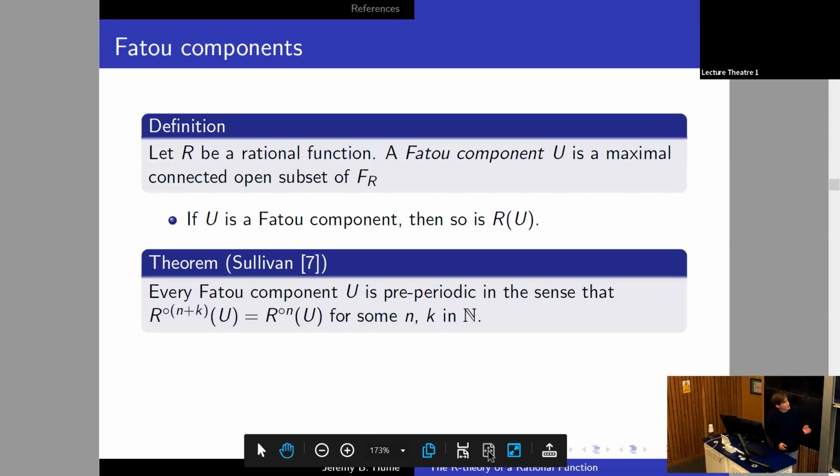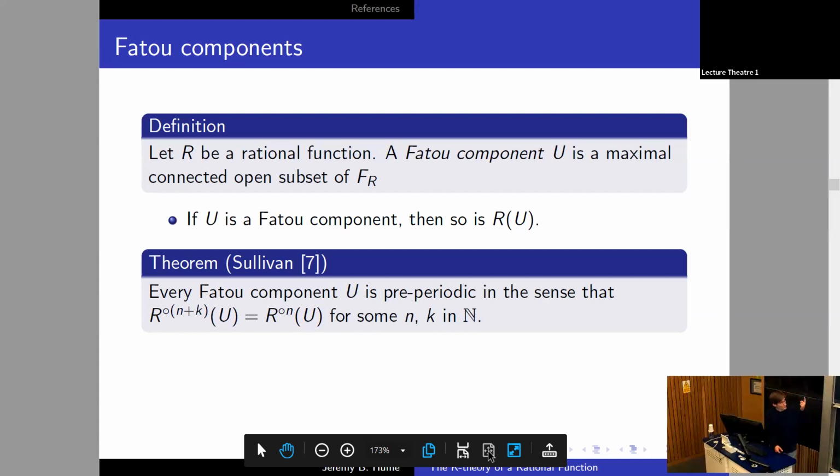So to understand the K-theory, I need to tell you some more stuff about rational dynamics. So a Fatou component U will be a maximal connected open subset of the Fatou set.